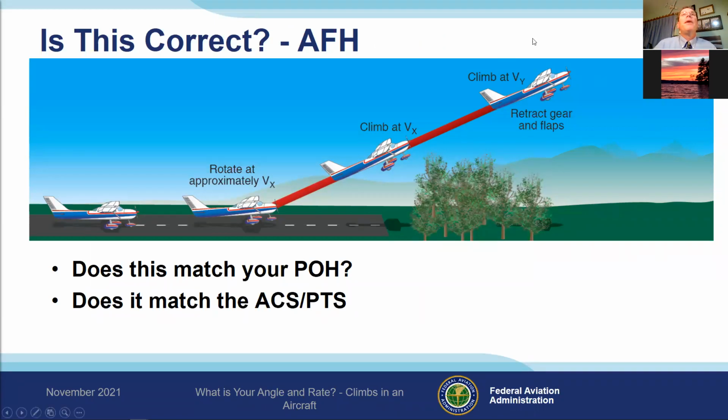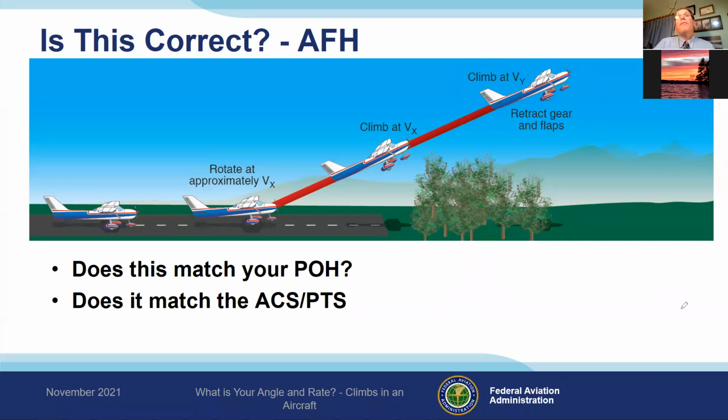And I start to point out and ask people, what is correct? Do you really rotate your aircraft at VX? Do you really climb your aircraft at VX, clearing trees? And do you really climb at VY after the fact?